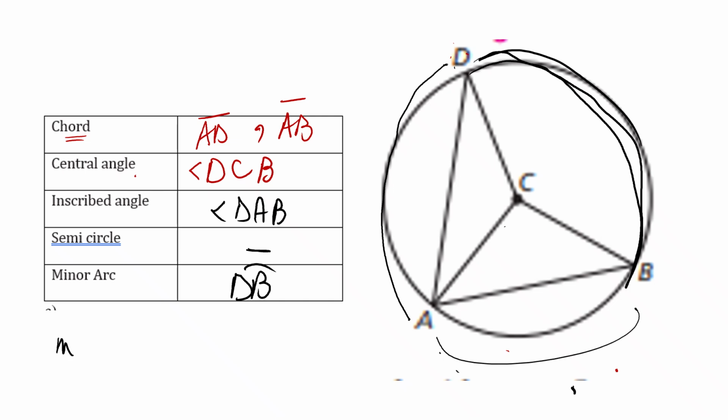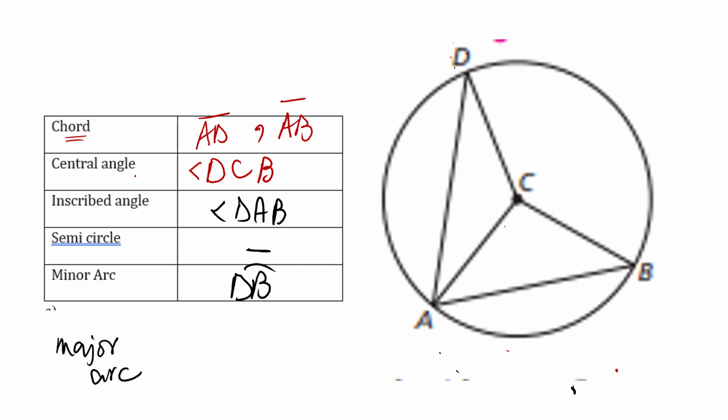Now, if they ask you what is the major arc over here, major arc means the big arc. So for the major arc, it is important that you leave one place. For example, this arc I leave it and I go all the way around the outer circle.